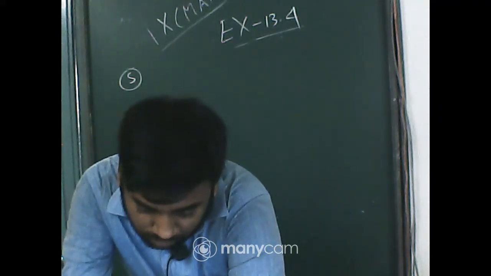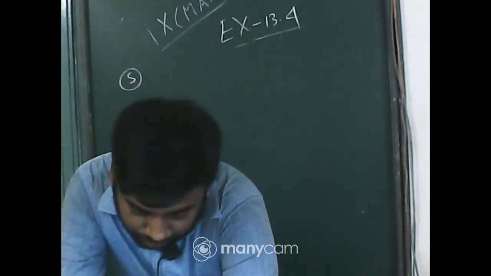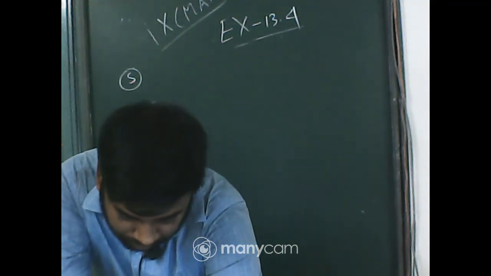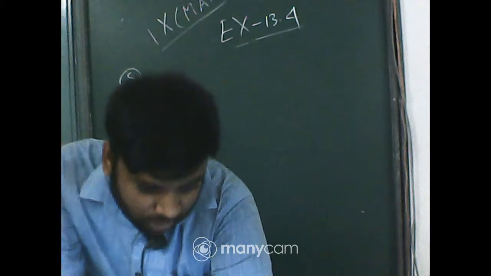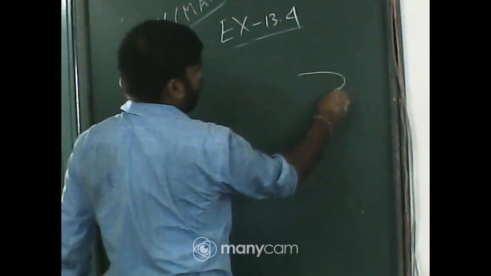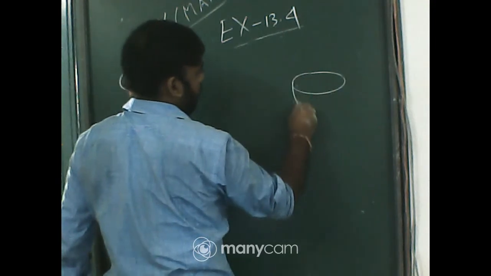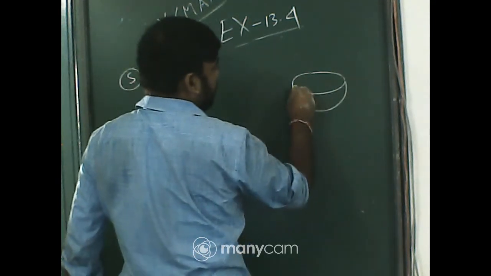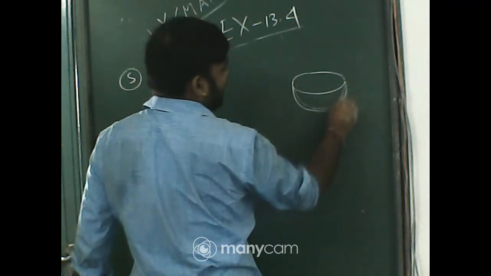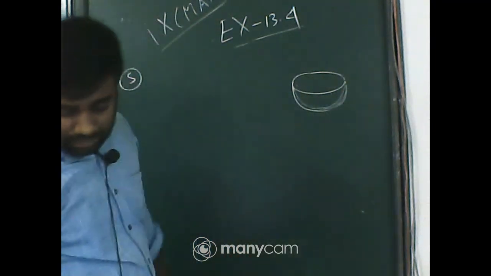A hemispherical bowl made of brass with inner diameter 10.5 centimeter, the cost of tin plating on the inside at a given rate. So, tin plating to the inner surface area.